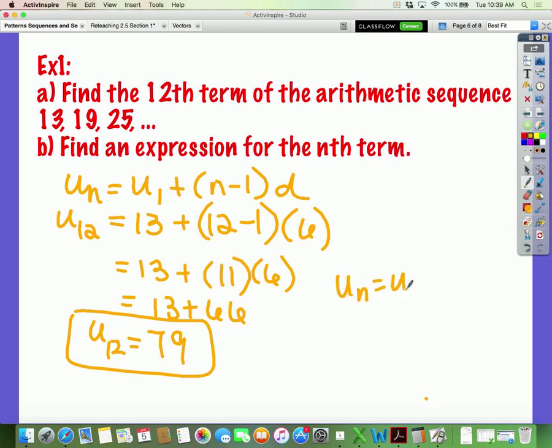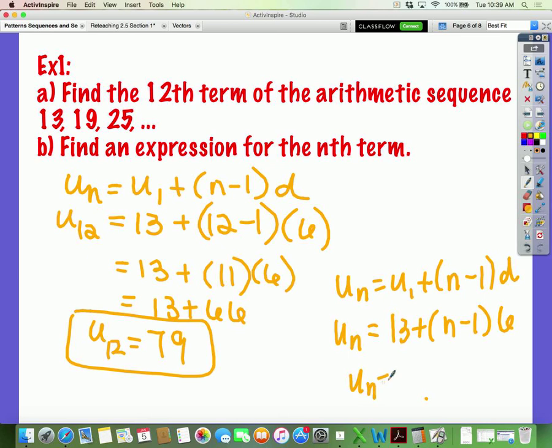So if I look at the general equation, that means u sub n will stay that. I'm going to plug in my first term, which is 13, I'm going to leave n alone because I'm looking for the nth term, and I'm going to plug in what for d? Positive 6.